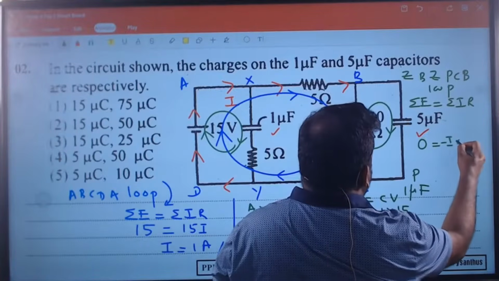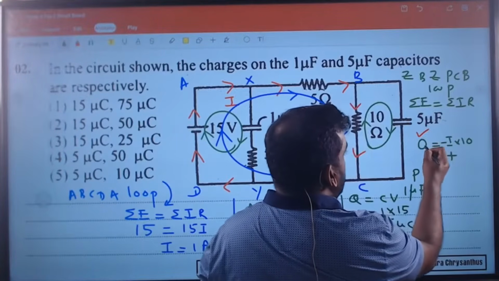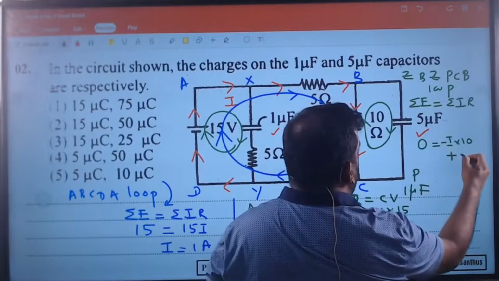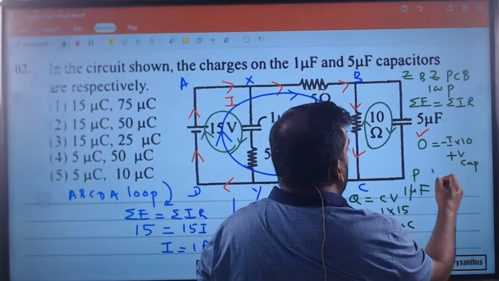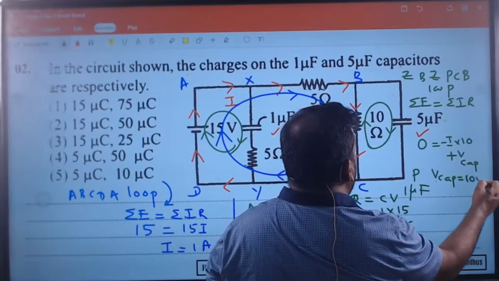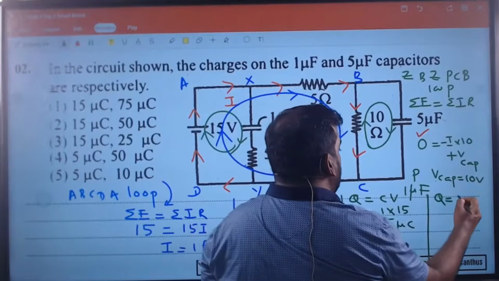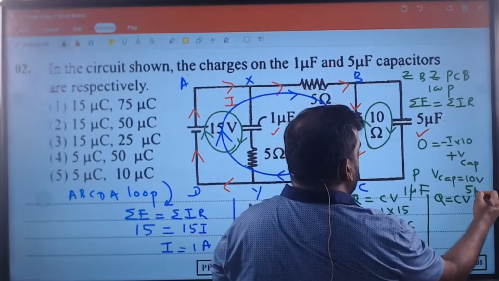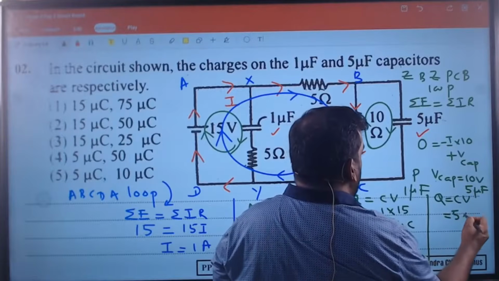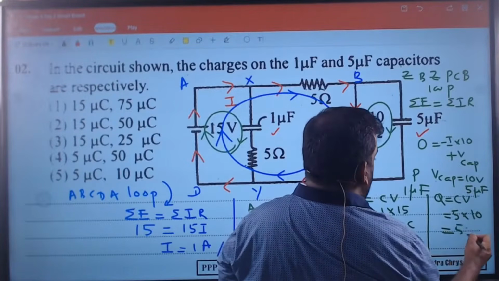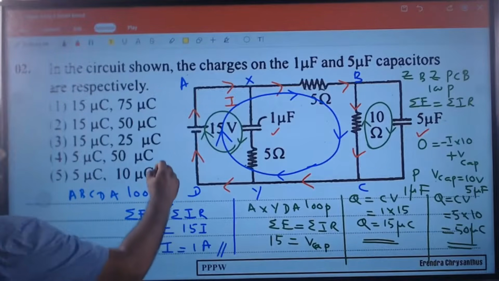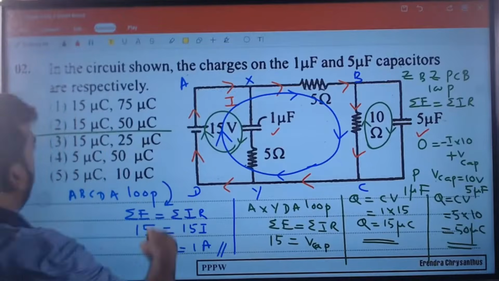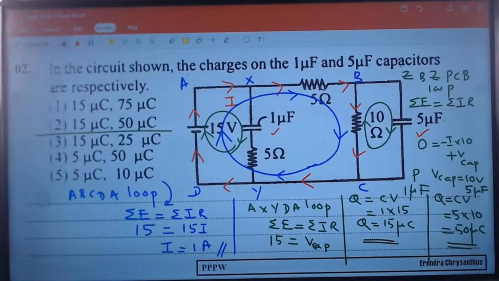So minus I times 10 plus the voltage across the capacitor equals 0. The current is 1 ampere, so the voltage across the capacitor is going to be 10 volts. Now apply Q equals CV across the 5 microfarad: 5 times 10, you have 50 microcoulomb. So for the 1 microfarad, 15, and for the second one, 50 microcoulomb. The correct answer is answer number 2.